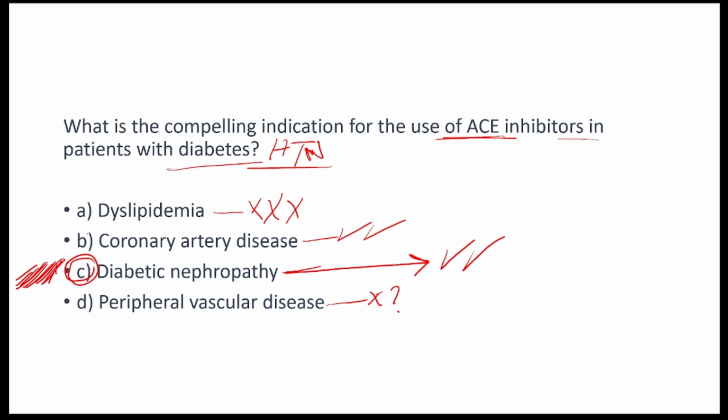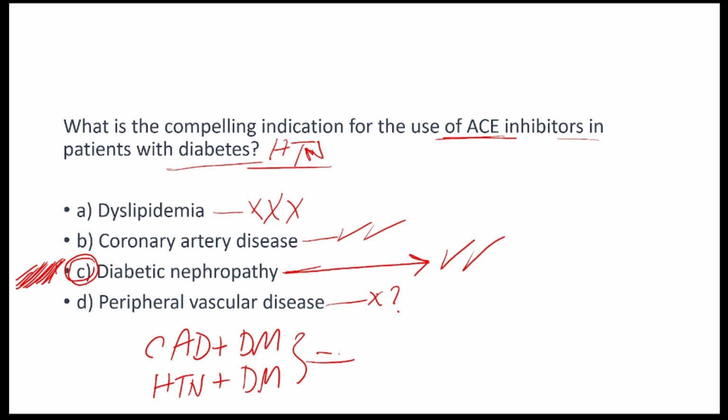But if someone chooses coronary artery disease, we will accept this answer because we can use it for the patient, for example coronary artery disease plus diabetes, or hypertension plus diabetes, for the main reason of protecting against diabetic nephropathy. So this is the main correct answer, and this one could be correct also.